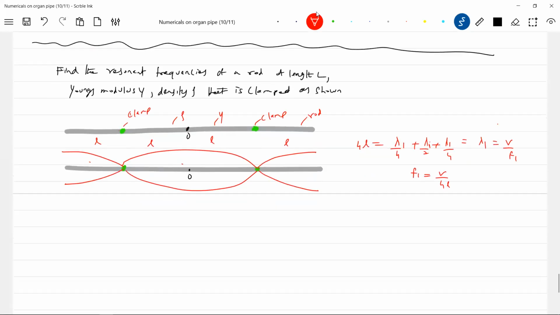First resonant frequency. Second resonant frequency, we will search for it. This is O. The clamp points are this one. Now what is possible? 1.5 loop is possible. Three loops are possible.